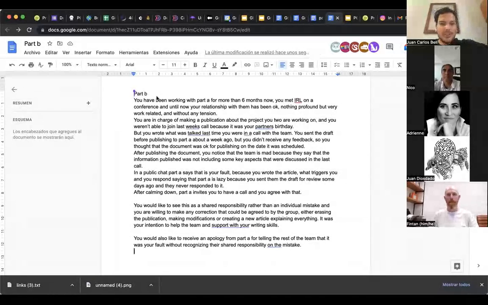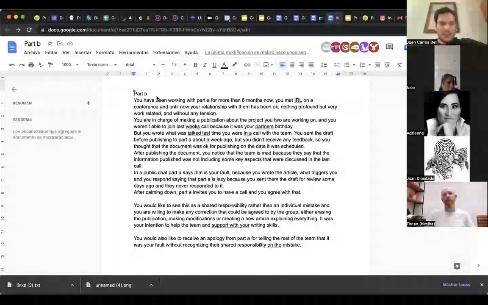After publishing the document, you noticed that the team is mad because they say that the information published was not including some key aspects that were discussed in the last call. In a public chat, part A says that it's your fault because you wrote the article. That triggers you, and you respond saying that part A is lazy because you sent them the draft for review some days ago and they never responded to it. After calming down, part A invites you to have a call and you agree.